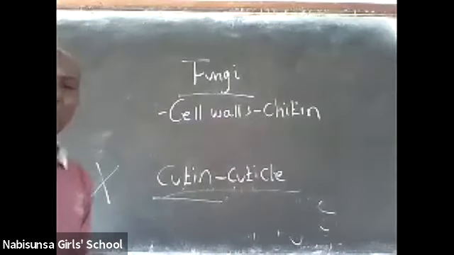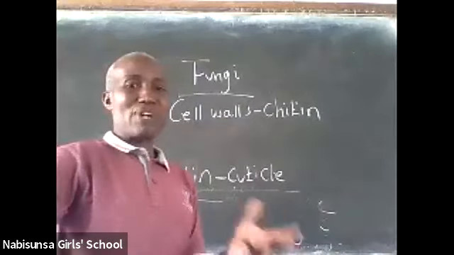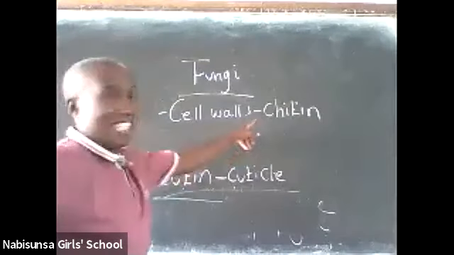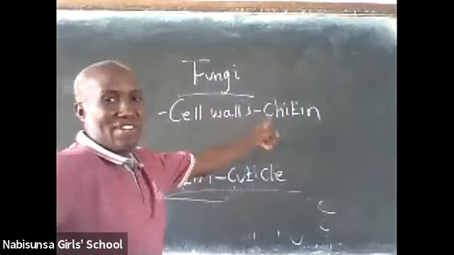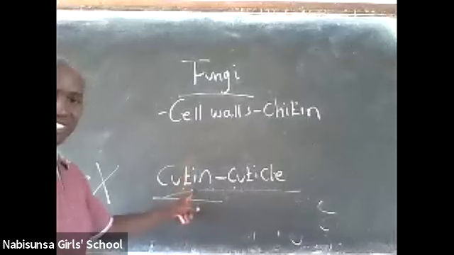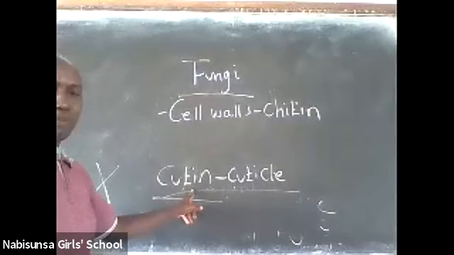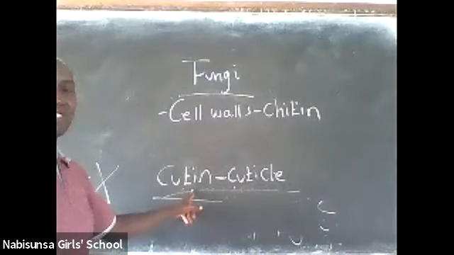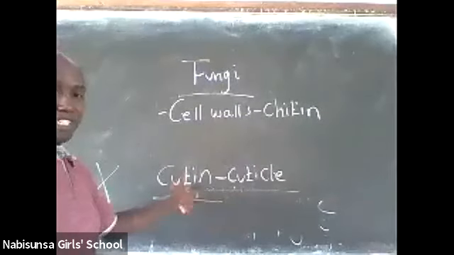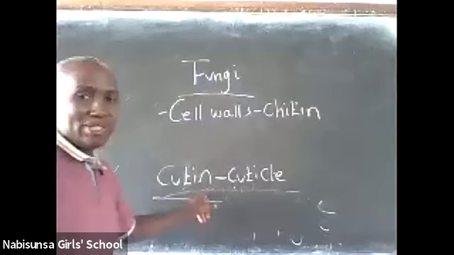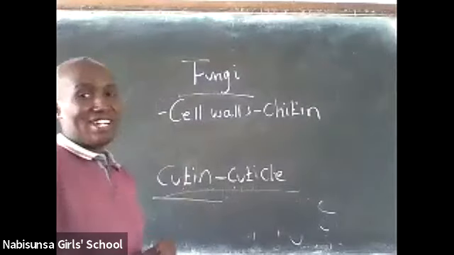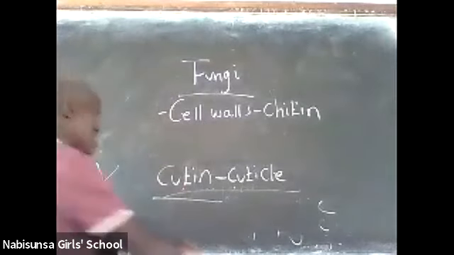Marilyn, you're confusing this with this. The one that is waterproof and reduces transpiration, evaporation of water from the plants, is this one. Here we are talking about this one. Those are two different things. Okay, Marilyn says thank you.